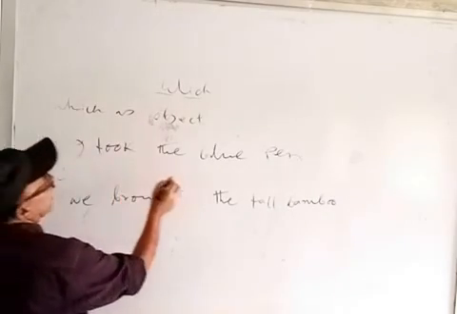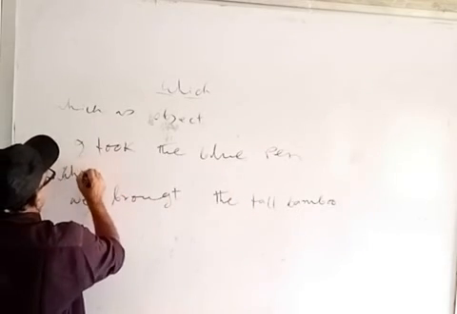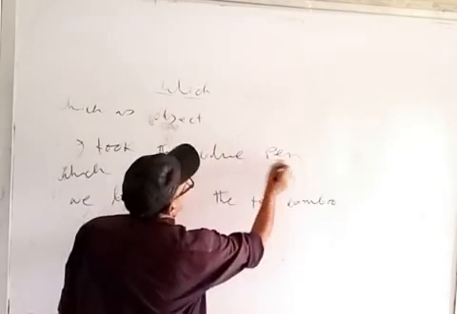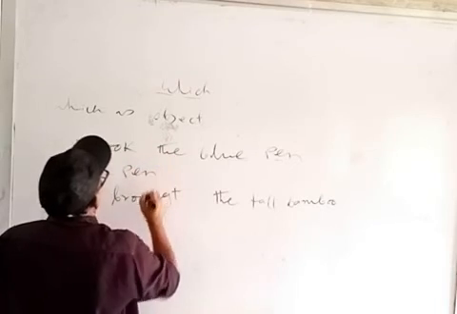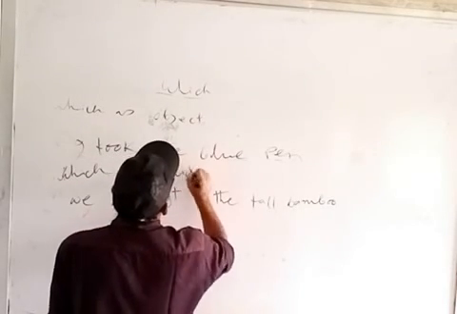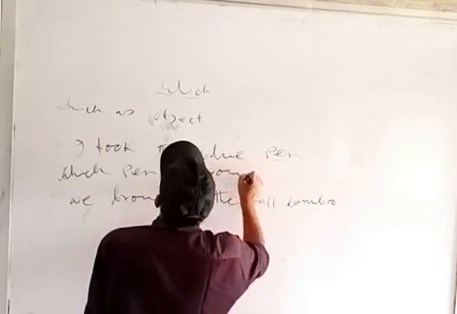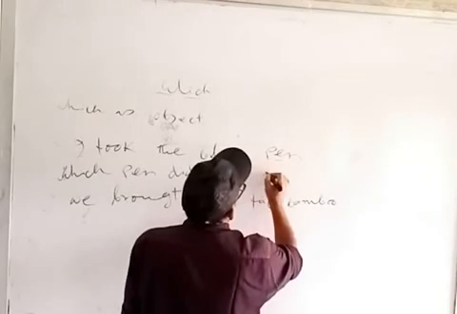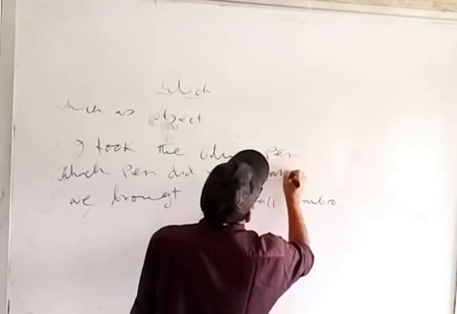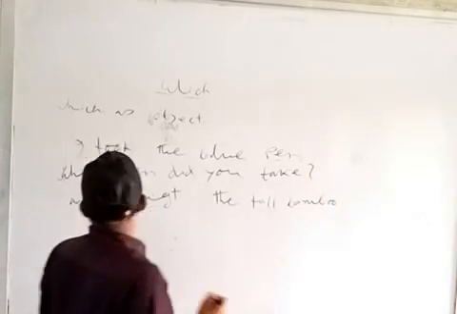For blue, we have to use which. Then the noun pen. As it is past, you have to bring the auxiliary verb did. Then the subject I, in lieu of I, you have to use you. Then the present form of the verb is take. And as there is nothing else, here you have to use note of interrogation.